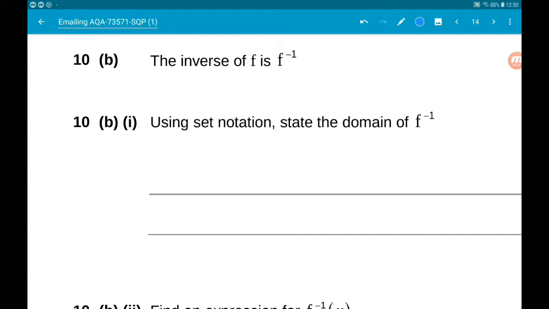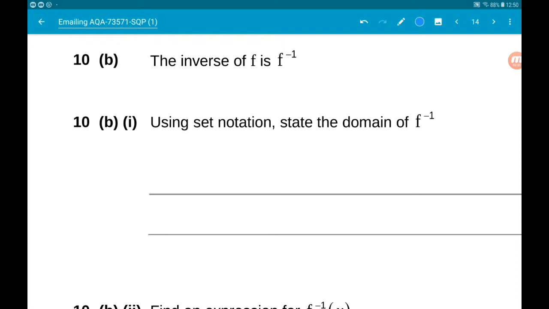Now the domain of an inverse function is the range of the original function, but instead of it being f of x, it's x.